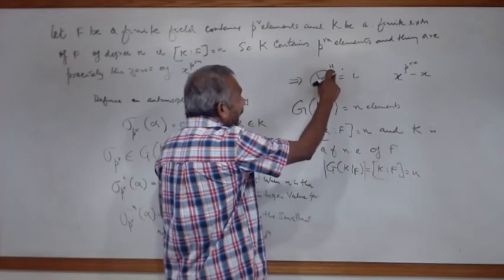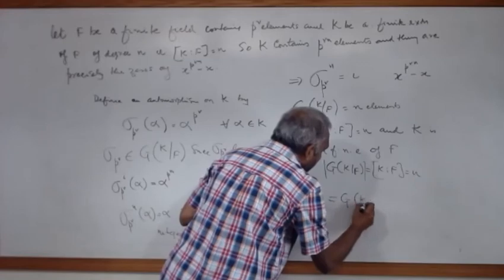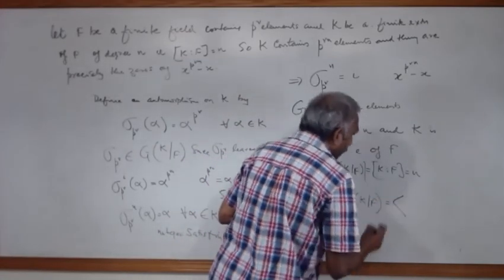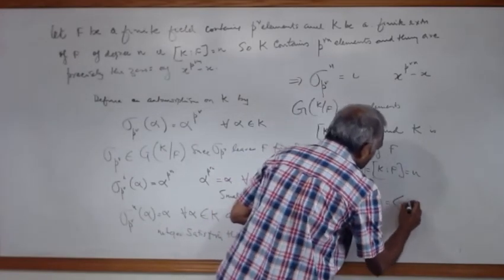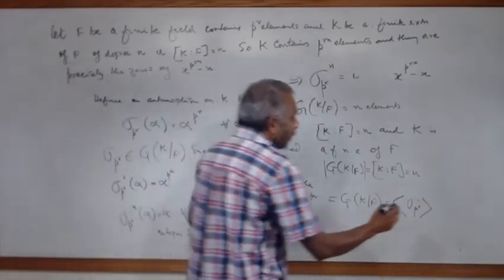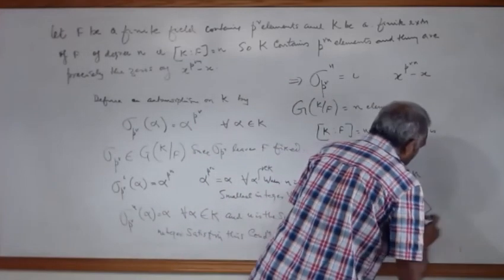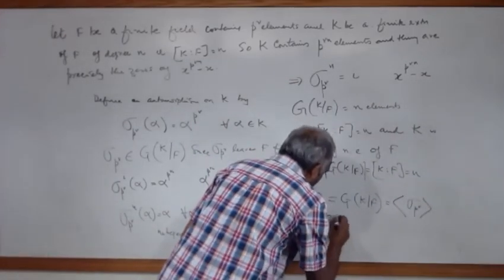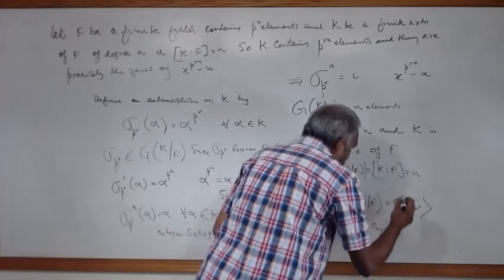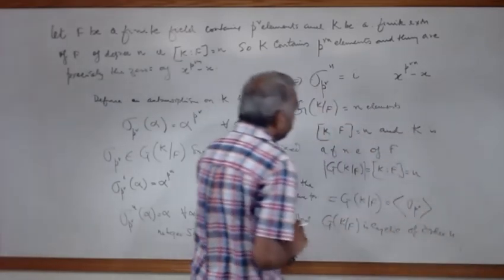When it is composed n times, it will become I. That means G of K over F is a cyclic group generated by sigma p r of order n. So G of K over F is cyclic of order n.